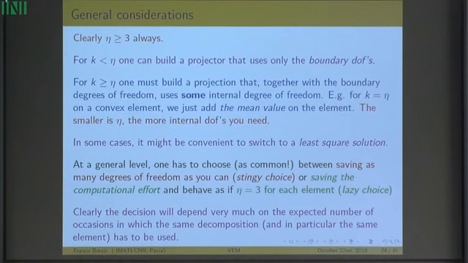And this is the stingy choice. And of course, the decision among the two will depend very much on how many times you have to do the computation. Because, in some cases, for instance, when you have the snapshots, and you solve the problem for many values of the parameter. Many means 20, 30.